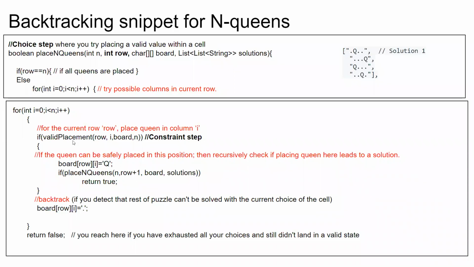No, Naga, the thing is, when I'm placing a queen, when I make this recursive call for the next queen, if it leads to a correct solution, then I just return true right here. I'm not backtracking at all. No, but only if that is true, right? Correct, correct. So in that way it is else.